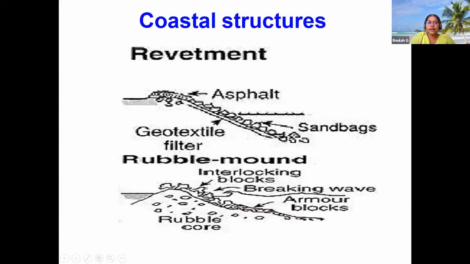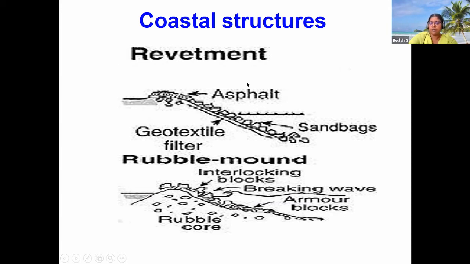So here you have revetments placed in two different ways. One is placed in such a way that you have a geotextile filter underneath, in an inclined manner. Normally we place this revetment at an inclination of 45 degrees.